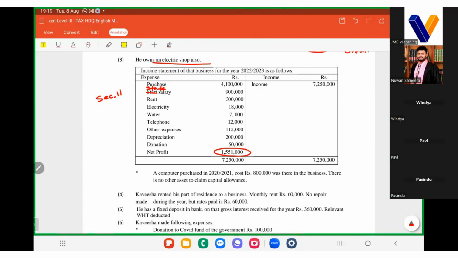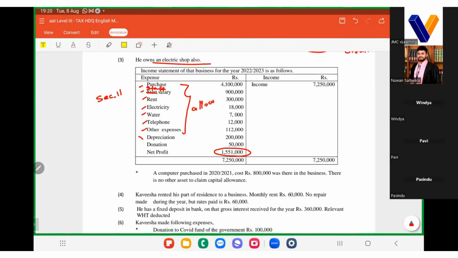So here you can see the purchase, staff salary, water, electricity, telephone, rent, other expenses. Normally, those need to be incurred for the production of the income. Therefore, simply you can see these expenses are allowed.